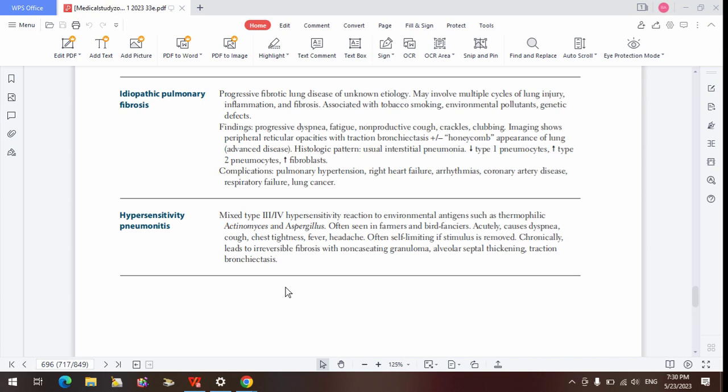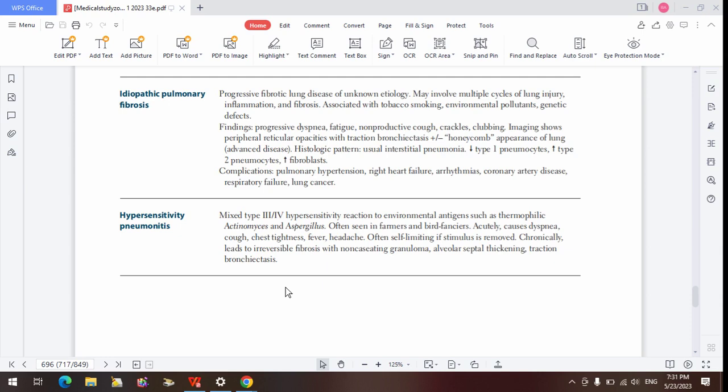The type 3 hypersensitivity comes in when antibodies are produced against those antigens, deposit within the lungs, and recruit the chronic inflammatory cells. Then type 4 hypersensitivity means CD8 or CD4 cells are what is produced against those antigens. They orchestrate all that chronic inflammatory response that brings about fibrosis and eventually granuloma, which brings about the traction bronchiectasis. So that's all about hypersensitivity pneumonitis.